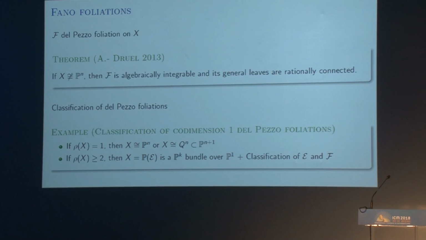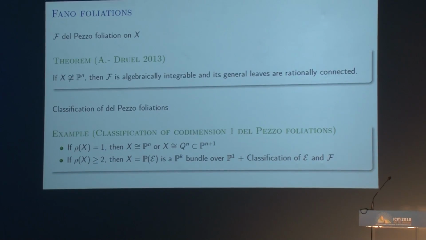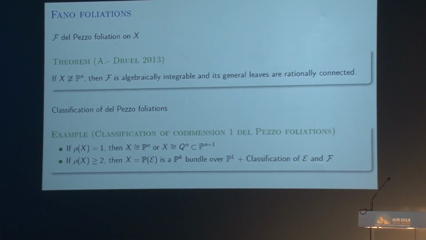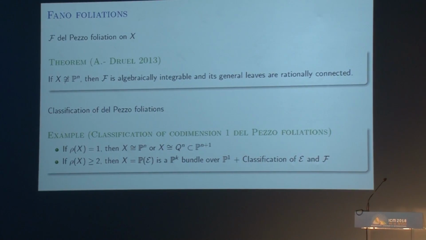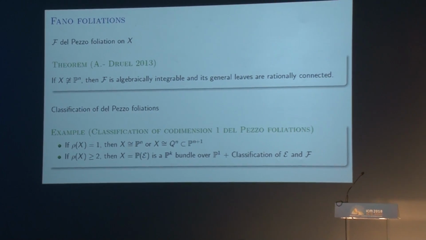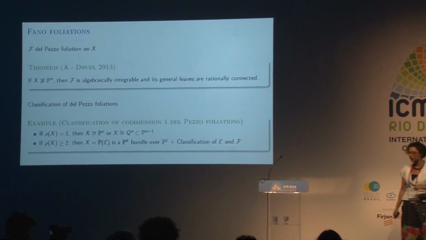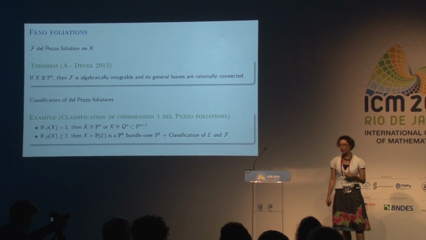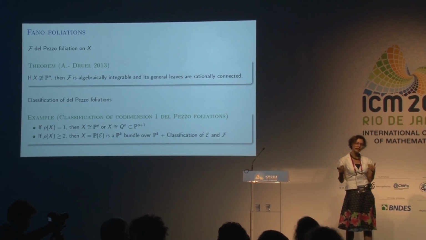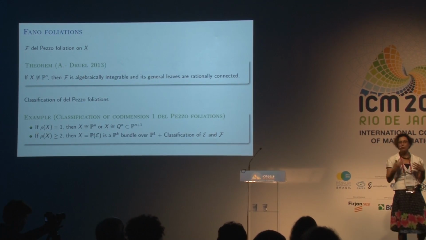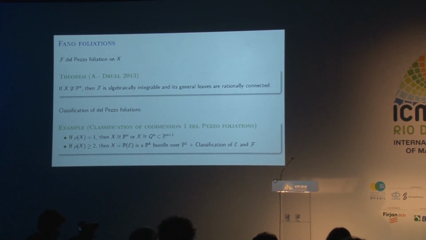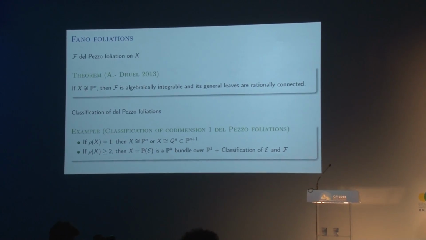So we suppose that the rank is n minus 1, that it's a del Pezzo foliation, and then we proved that, well, if the Picard number is 1, then either X is Pn, and in this case we have already discussed and described the del Pezzo foliations, or X is a quadric hypersurface in Pn+1. And in this case, again, we show that the only del Pezzo foliation that can occur on a quadric is given by a pencil of hyperplane sections.